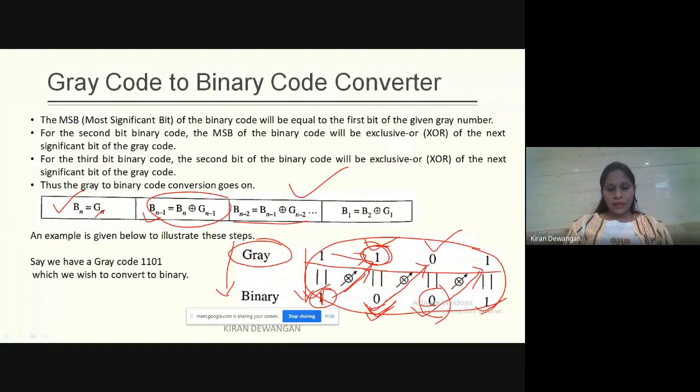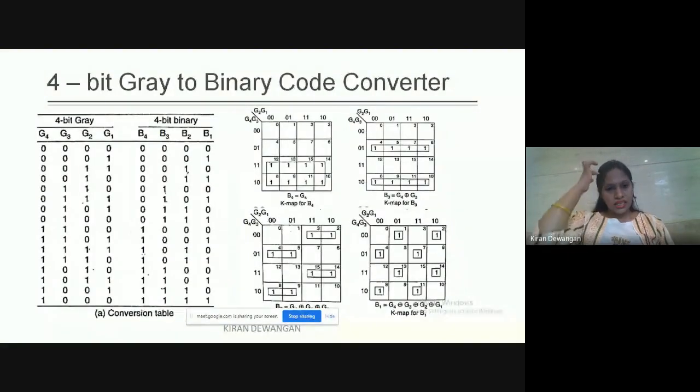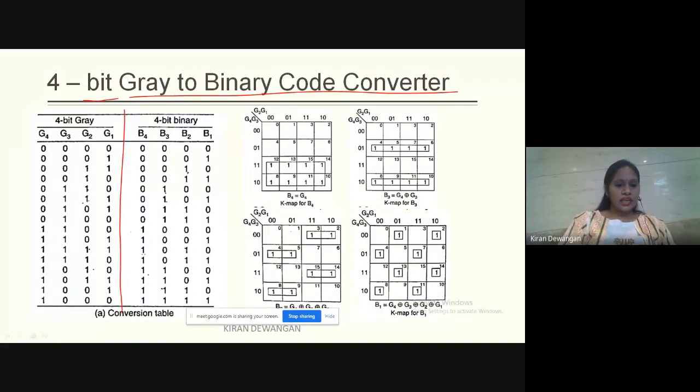Is this concept clear? This we discussed in yesterday's class. Now coming to the design part, that is the gray to binary code converter. We write the conversion table. For all the gray codes, we have got the binary codes.